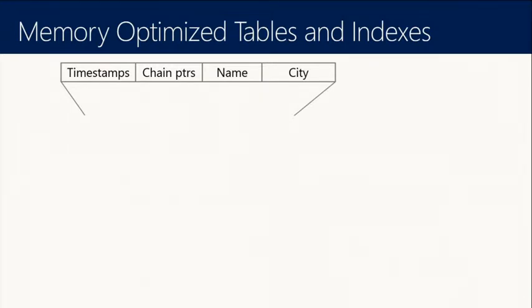We'll show you through an example how this works. After that, it has the column data. The timestamps tell me at which point in time this particular row is valid in the database, because each transaction works with a particular timestamp, and it uses this timestamp to determine which rows are visible at any given time.